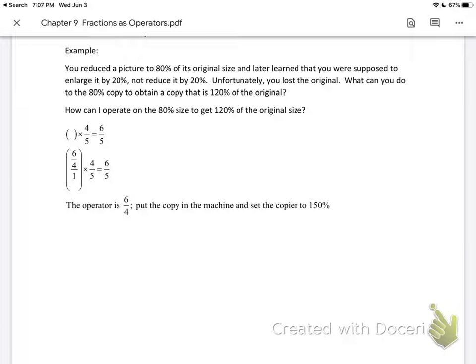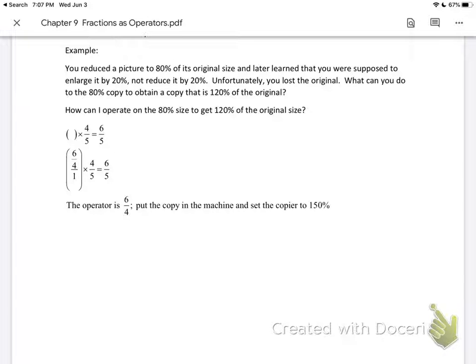So an example, you enlarge a picture to 80% of its original size, and later learn that you were supposed to enlarge it by 20%, not reduce it by 20%. Unfortunately, you lost the original. What can you do to the 80% copy to obtain a copy that is 120% of the original size?